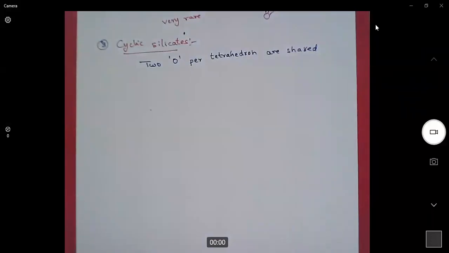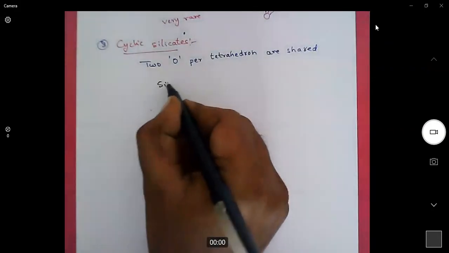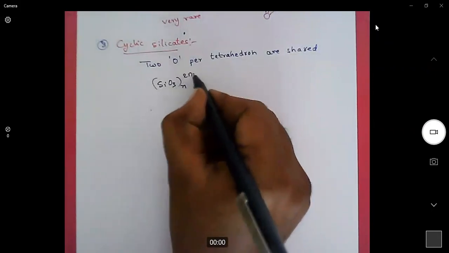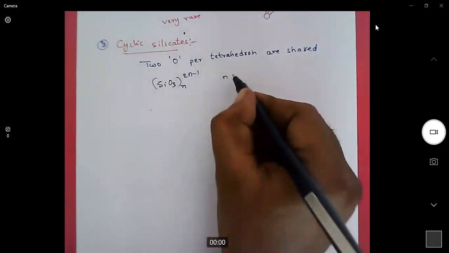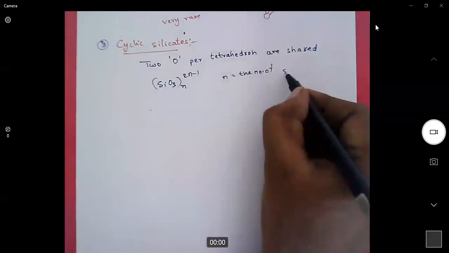Third type of silicates is cyclic silicates, where two oxygens from each silicate unit are shared. Their general formula is (SiO3)n 2n-, where n represents the number of silicate units.